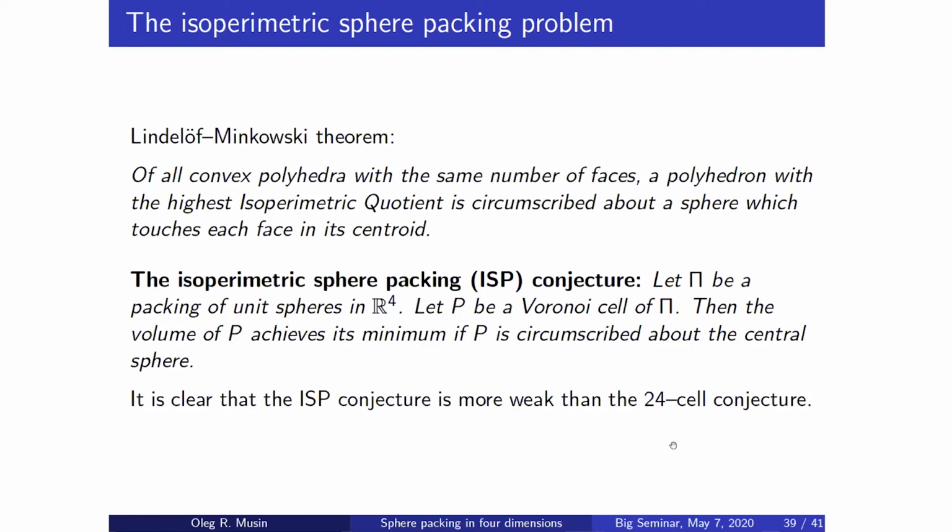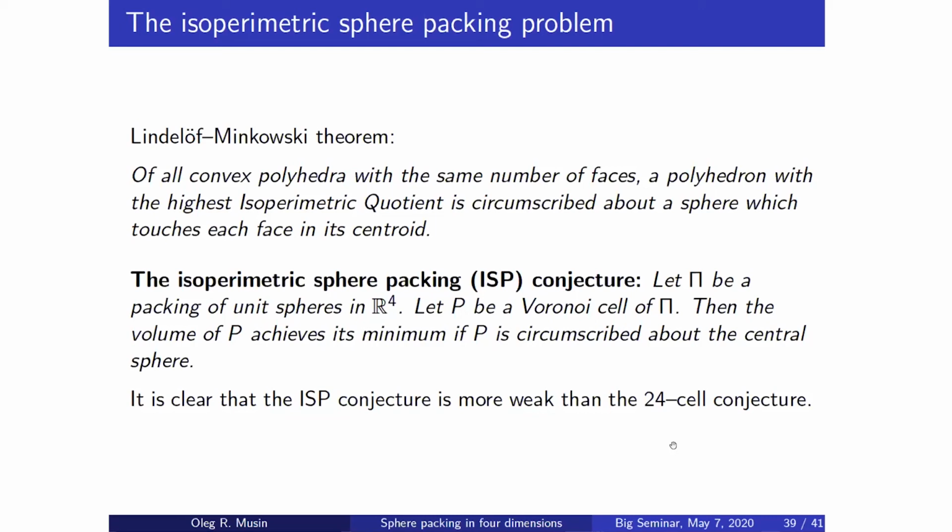What is known is that Lindelöf and Minkowski proved the following theorem, a 19th century theorem. Let us fix the number of faces and consider all convex polyhedra with the same number of faces. Then the polyhedron with the highest isoperimetric quotient is circumscribed about a sphere which touches each face at its centroid.